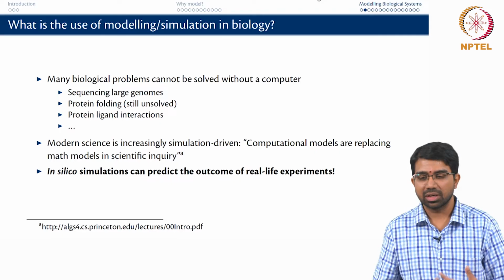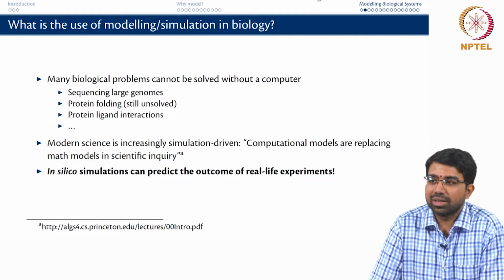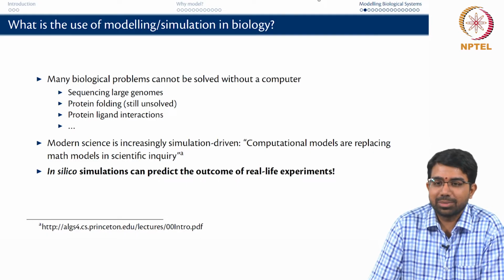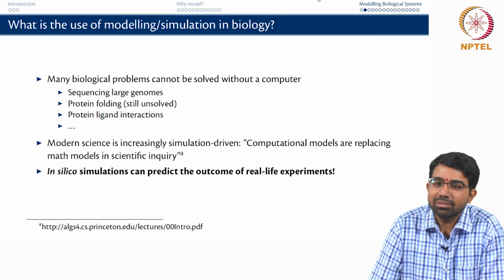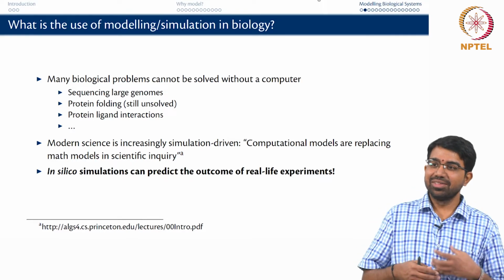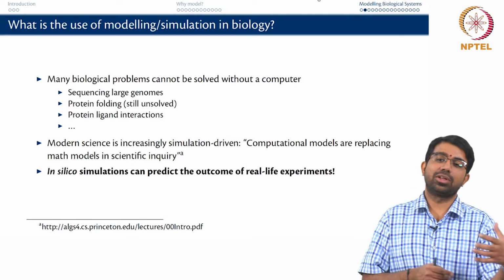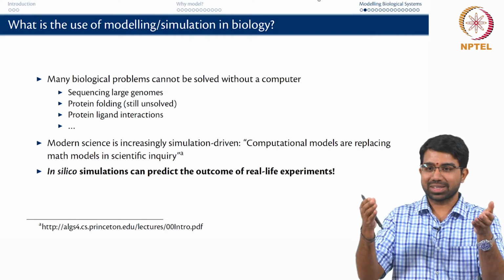So, maybe we should just stop and think about what kind of models are people using, and we will start with non-mathematical models. So, what is a mouse model? A mouse model is basically a mouse which is used as a model of human infection or human disease, human phenotype technically.